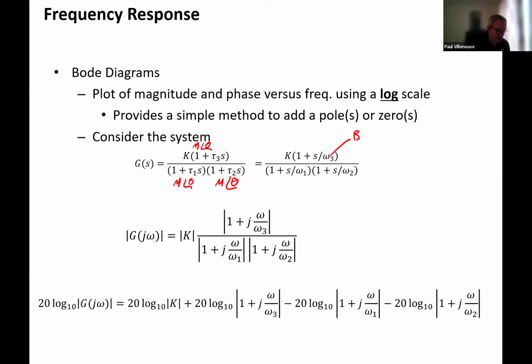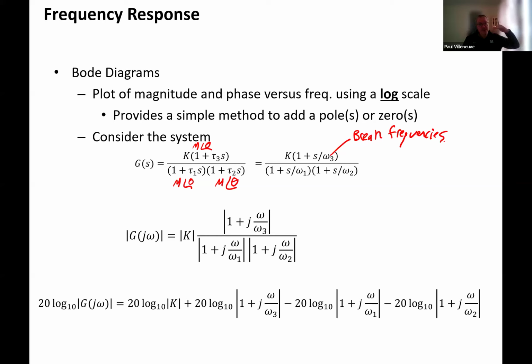Each of these are called break frequencies. I'm not exactly sure how you would talk about what a break frequency is, but when we do what we call Bode plot approximations, a break frequency is when we are assuming that we're coming along at a constant value, and then we're going to break either down or up from that fixed value.